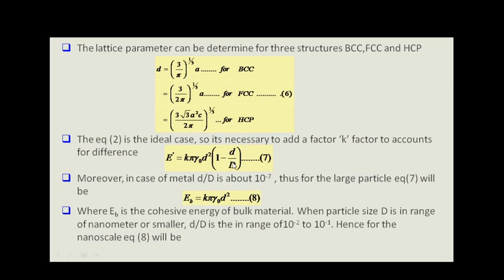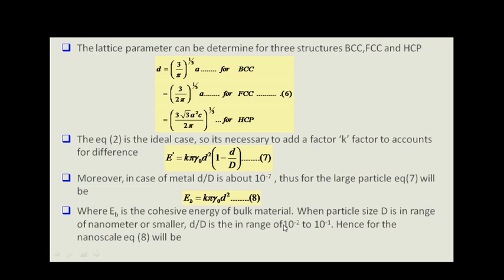I am just eliminating the last factor, and that will be k pi gamma 0 d square. So this E dash I am replacing by EB. B stands for the bulk property. So EB is the cohesive energy of a bulk one. That means if my particle is too large, the cohesive energy associated with that would be EB. There is no significance of the second factor of equation 7.